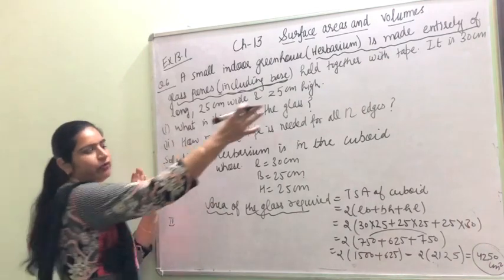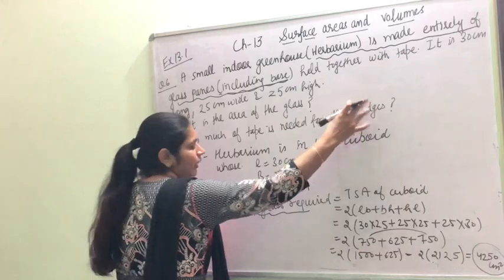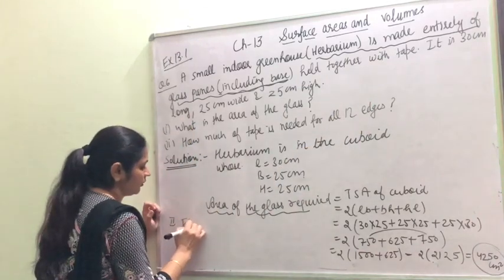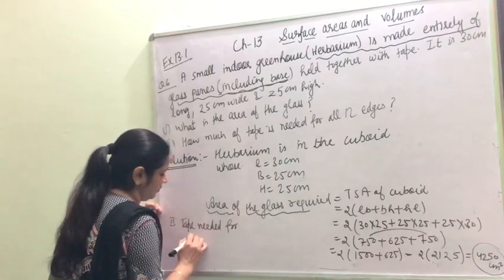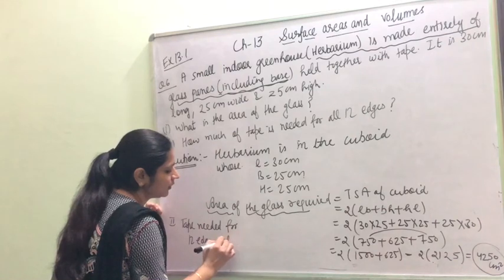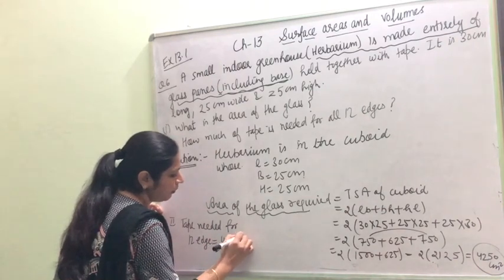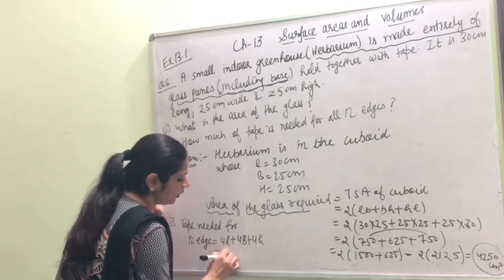If we have to find the requirement of the tape needed for the 12 edges, in a cuboid, length is occurring 4 times, breadth is occurring 4 times, and height is also occurring 4 times.